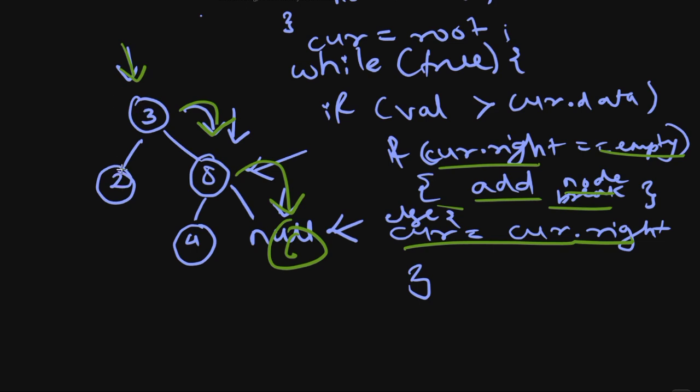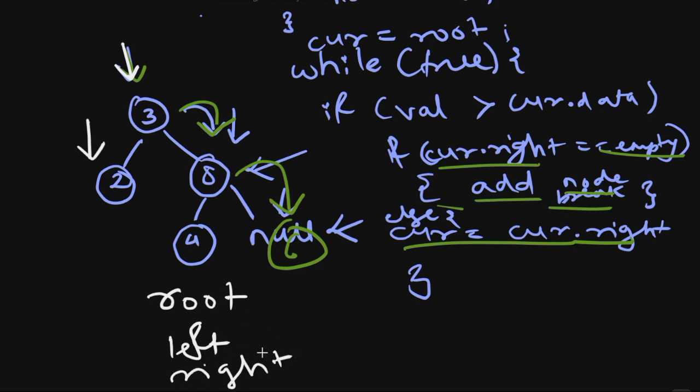I could go to each node in fashion as root: first I will go to the root, then to the left, and then to the rightmost part. If I follow this format, I could traverse all the elements in the tree.